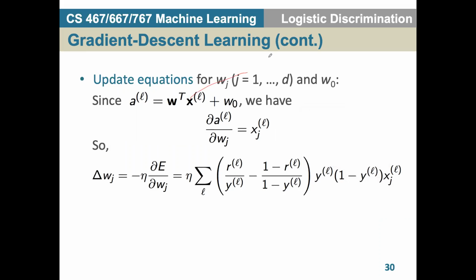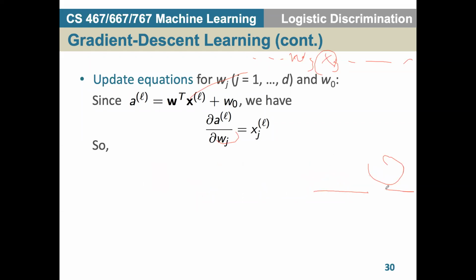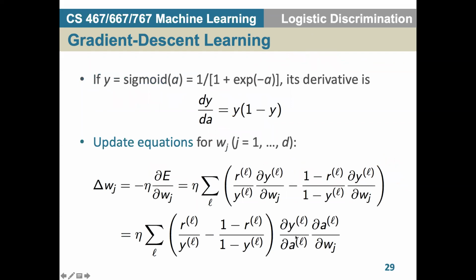This is a summation, and only one term involves w. This wj xj and something else. If you take the derivative with respect to wj, you get the coefficient xj. So this is one term before, this is the second term before.